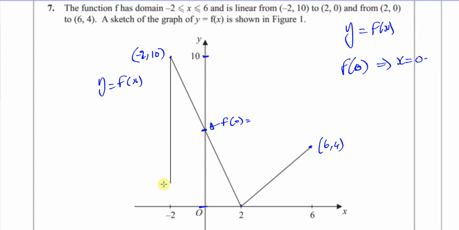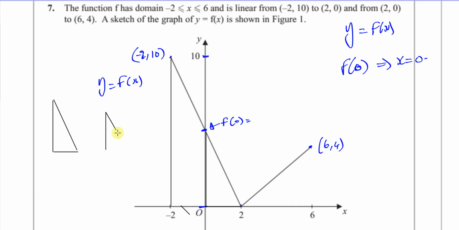using similar triangles. You've got this big triangle here from -2 to 2 and from 0 to 10. And you've got this small triangle here from 0 to this point, which we have to find, and from 0 to 2. So I've got a big triangle and a smaller triangle which is similar to it. They're similar triangles because they share the same angle here, and they share the same angle there.